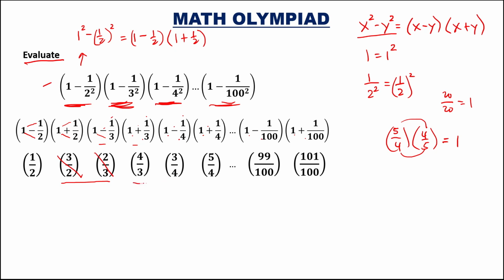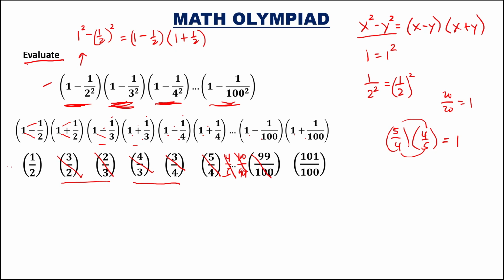Then 4 over 3 and 3 over 4 is also equal to 1. Then for this 5 over 4, we all know that the next number is 4 over 5, and this is also equal to 1. And for this 99 over 100, we all know that the number before it is 100 over 99. So this one is also equal to 1.